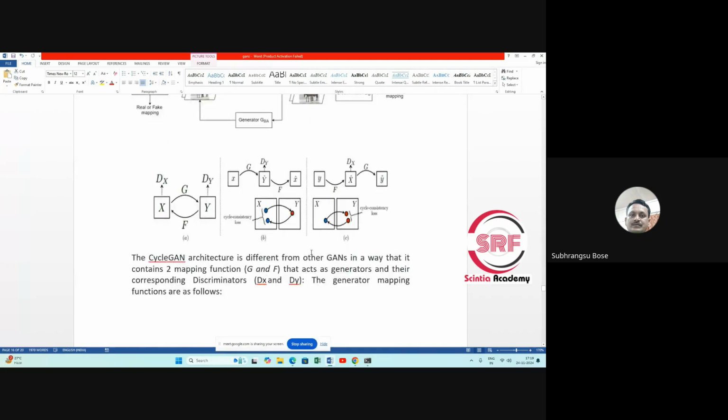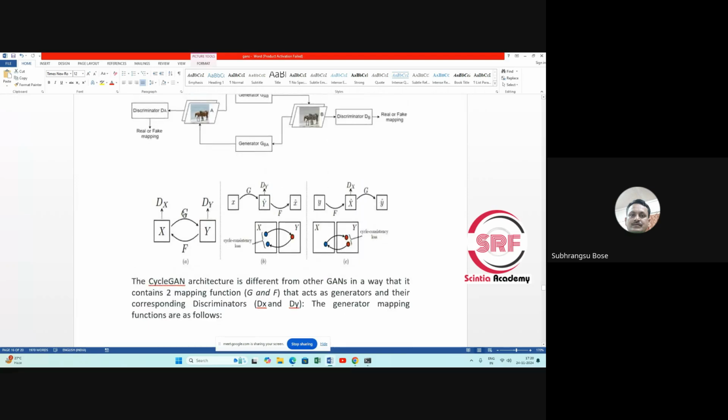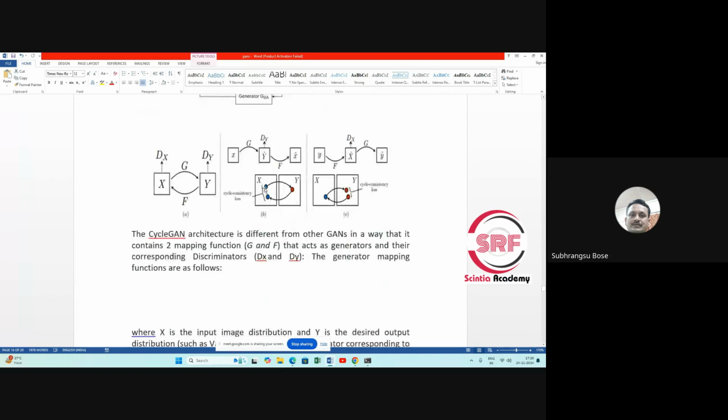The loss of DC GAN, or the loss of cycle GAN, is something different. The loss of DC GAN is the summation of generator loss, real loss and fake loss. Here is some little difference. X to Y, generator G; Y to X, generator F. F is the reverse of G. If there is any difference between the two X's, then loss has been created.